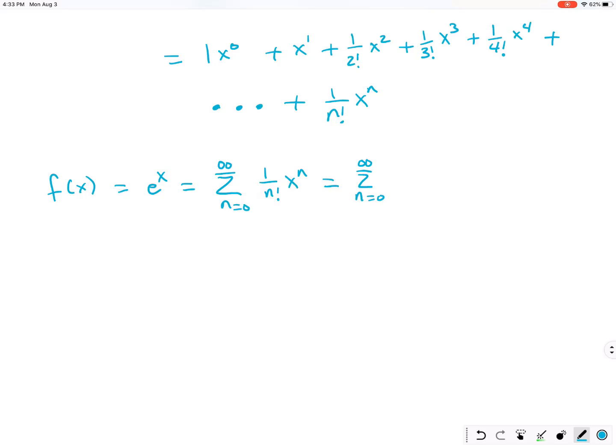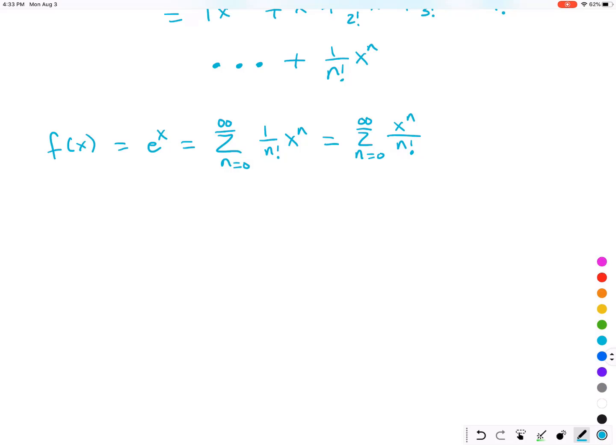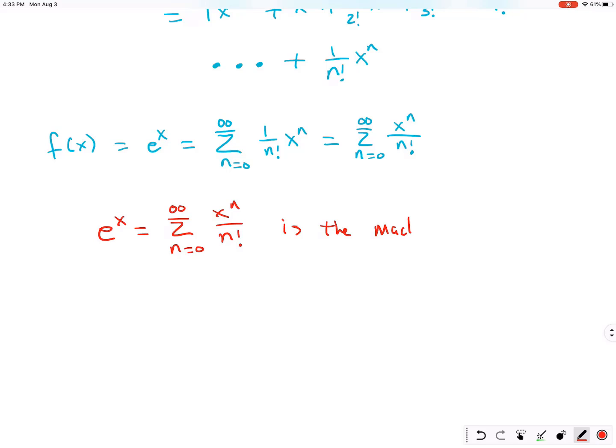And traditionally, we write that out as the summation of n equals 0 to infinity of x to the n divided by n factorial. And so now we have e to the x is equal to the summation of n equals 0 to infinity of x to the n over n factorial, which is the Maclaurin series definition of e to the x.